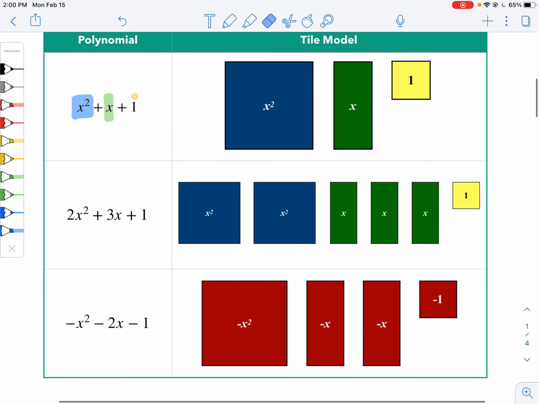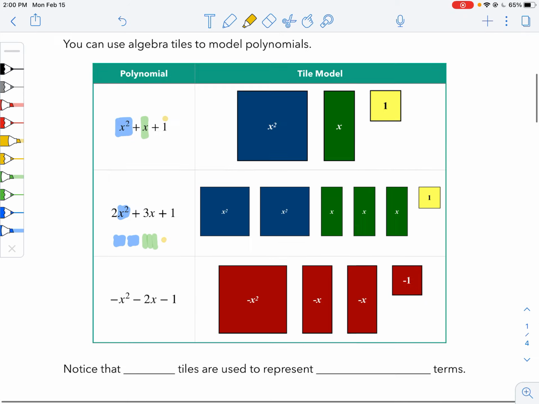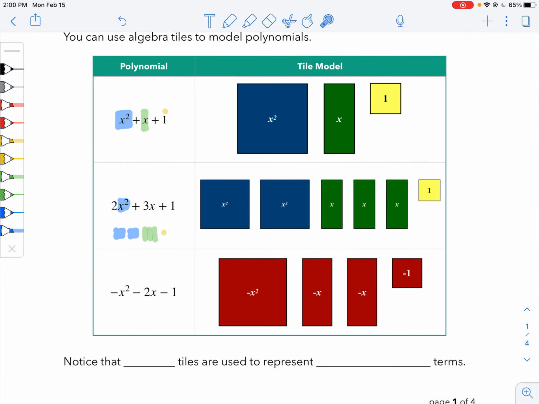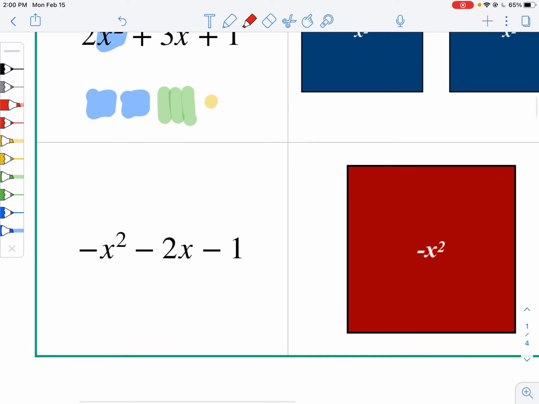So if I wanted to represent 2x squared, that would be 2 x squared tiles, plus 3 x tiles, plus 1 tile. So you get 2x squared plus 3x plus 1. But if I'm going to use negatives, I'm going to represent them all with red, because red is minus.